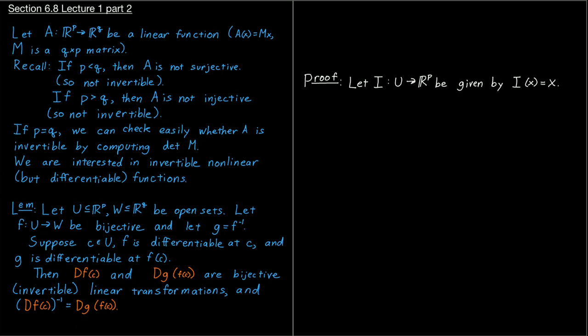So I is the identity function restricted to U. We're going to say its domain is U, just like f. This is a perfectly good function, and I claim it's a differentiable function. In particular, it's differentiable at C. So if x is in U, then we're going to write I of x.